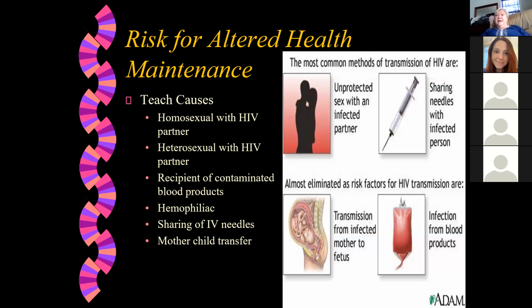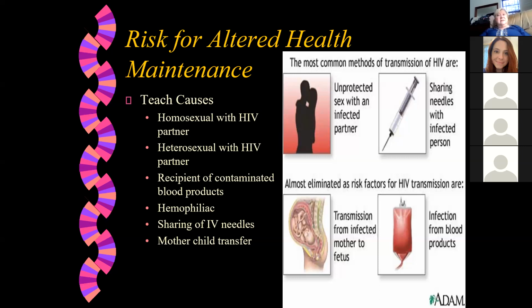You can get it from contaminated blood products still. As you know, with other things, and Jane talked about hepatitis and that type of thing, there are good blood banks and there are bad blood banks out there. There are ones that don't screen their blood like they say they're going to. So contaminated blood products can still be a problem.